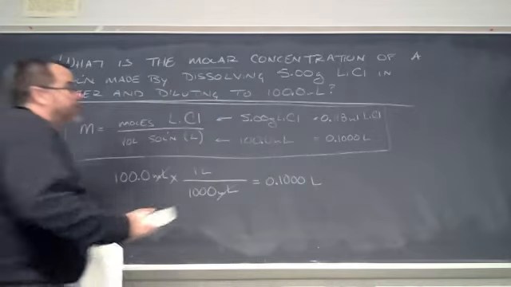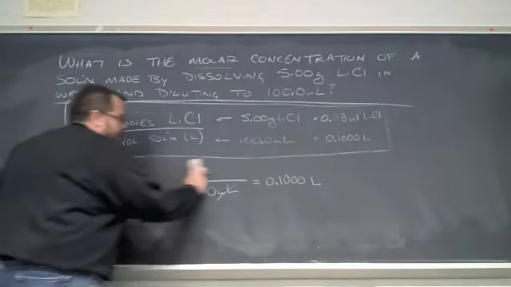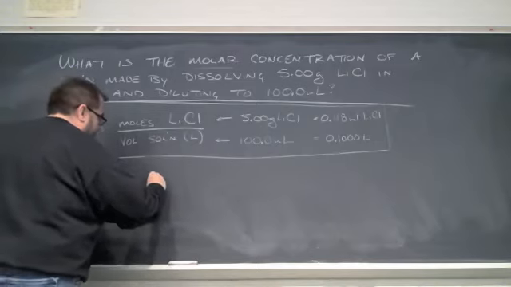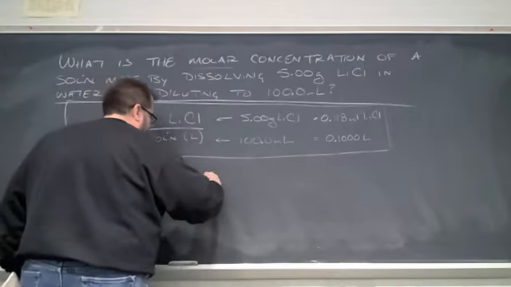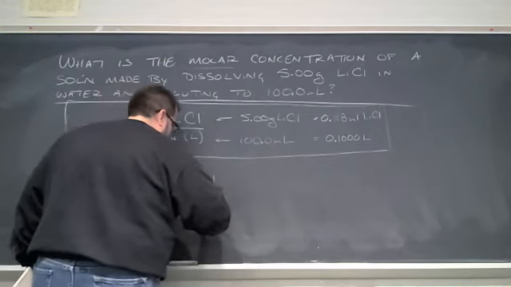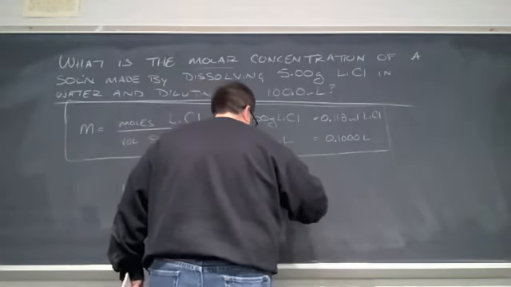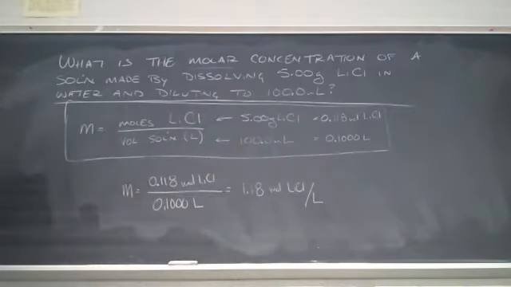So now all we have to do, now that we've got the numerator and the denominator into the correct units, we just put them into this fraction. And so the concentration is 1.18 moles of lithium chloride per liter.